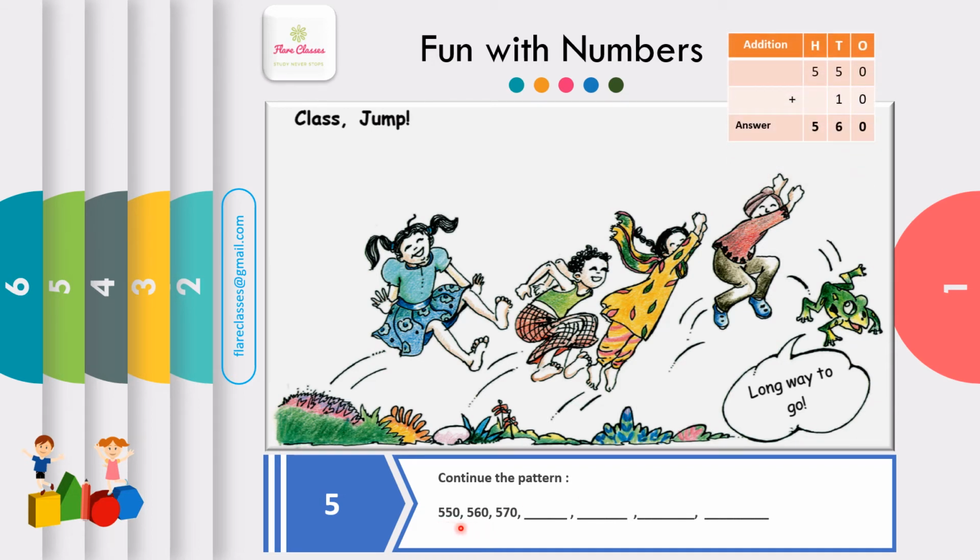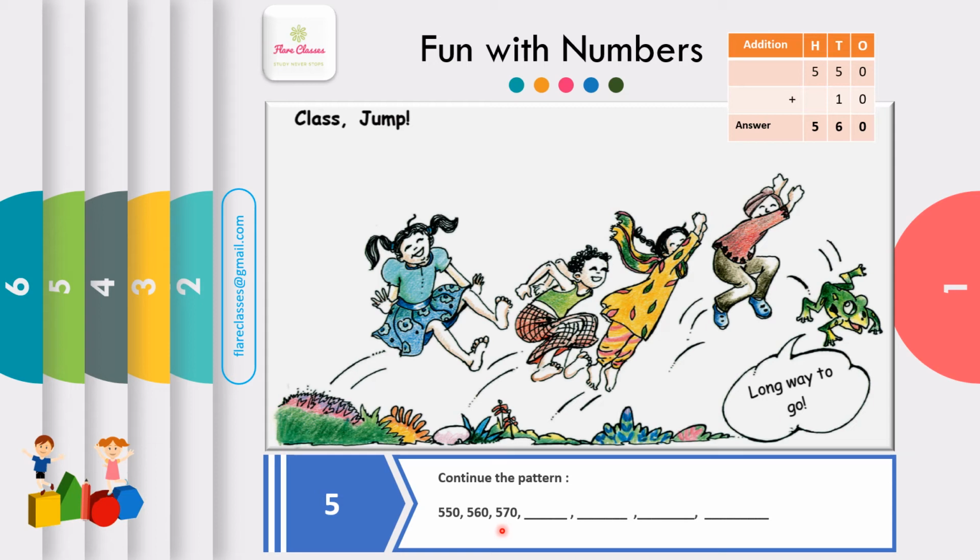In 550, when we add 10, new number becomes 560. In 560, when we add 10, new number becomes 570. So this is the pattern. We are adding 10 again and again. So to continue the pattern, we have to add 10.